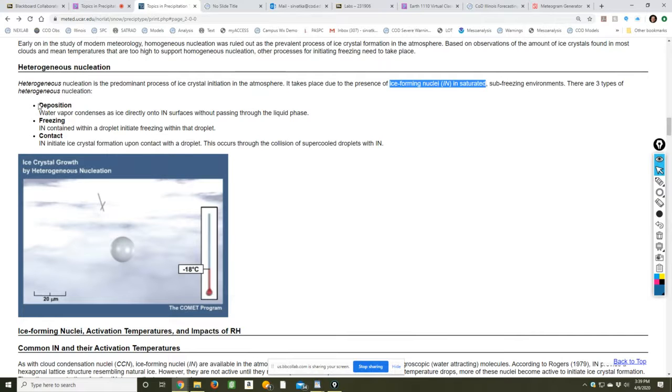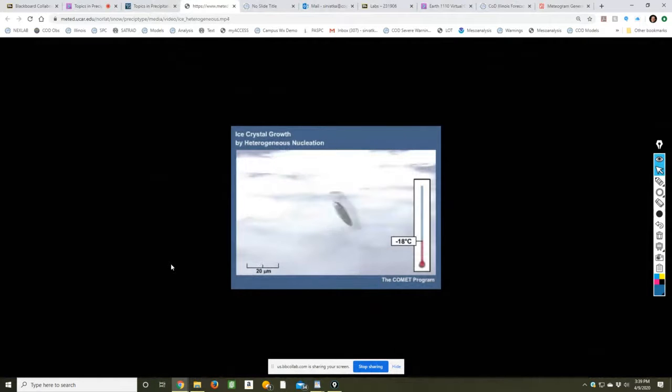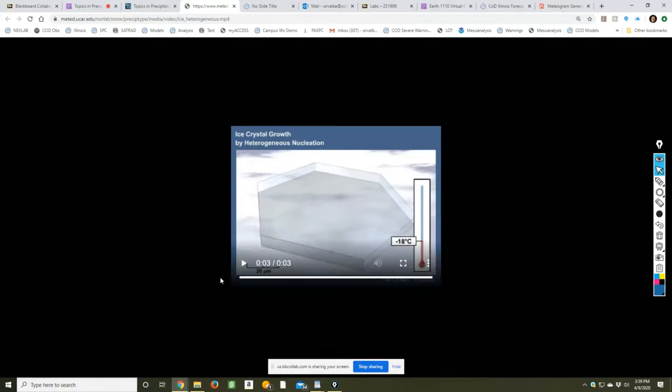Now, I'm not going to worry about necessarily the different types, but I want you to see this video here. Boom. And what it's saying is that this supercooled water droplet comes in contact with something. This is an ice nucleus. And an ice nucleus, when it hits or comes in contact with the supercooled water droplet, will make it turn into a crystal.